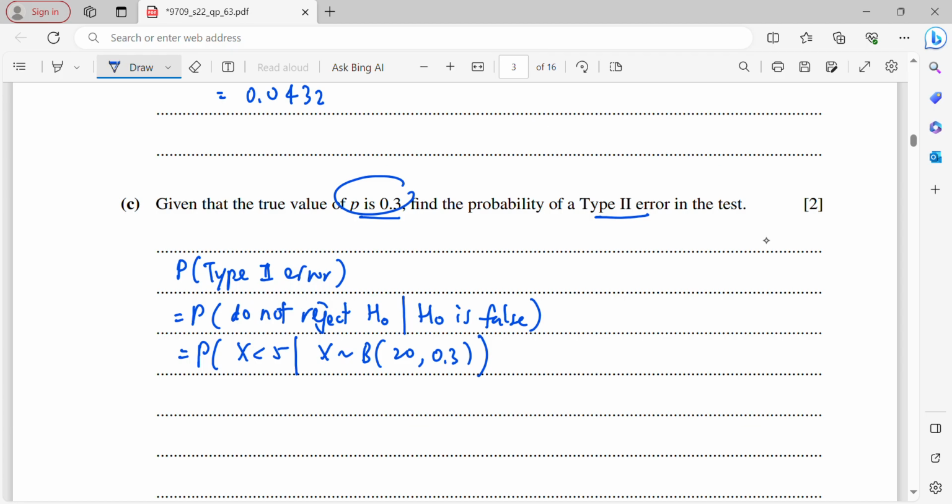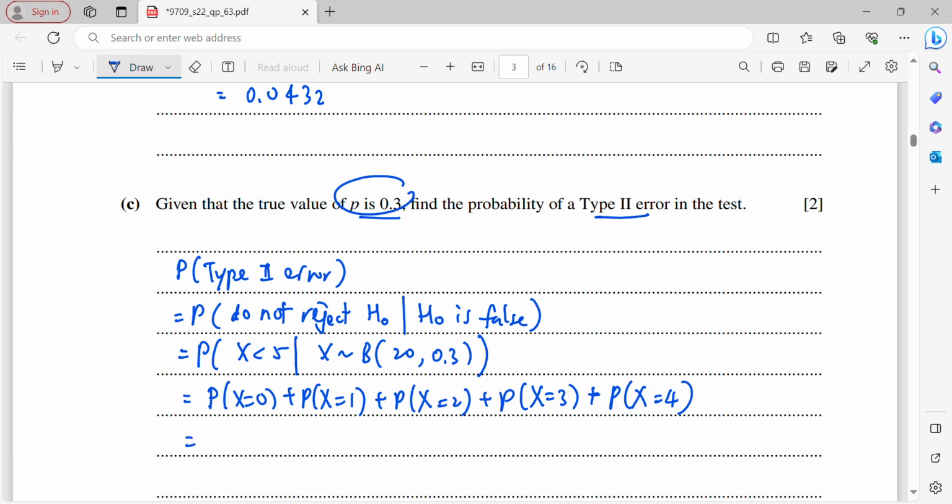So less than 5, it will be just direct calculation from x equals 0 until x equals 4. So I will write P(X=0) plus P(X=1) plus P(X=2) plus P(X=3), and lastly P(X=4). So now in this distribution, your p is 0.3, your q is going to be 0.7.